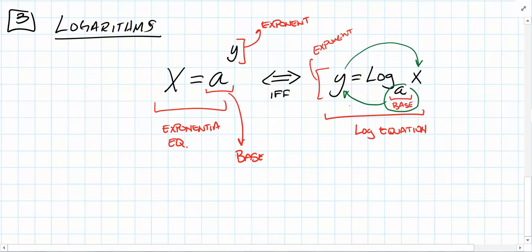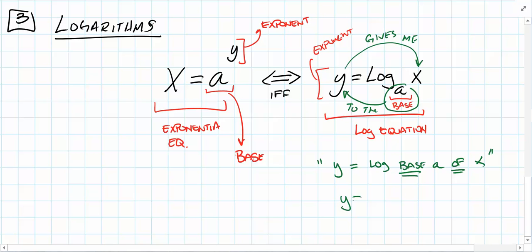So I say a to the power of y gives me x. So y is equal to log base a of x. The way that we say all of these things, we say y equals log base a of x. So you want to say what base and then of. So that's how we say that.